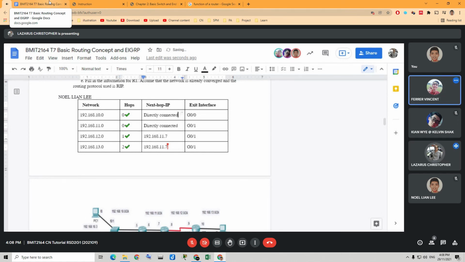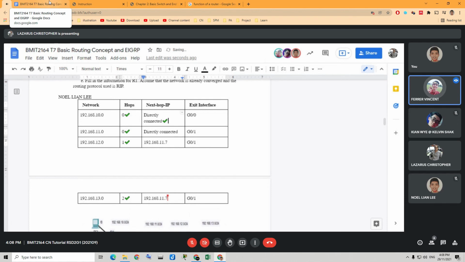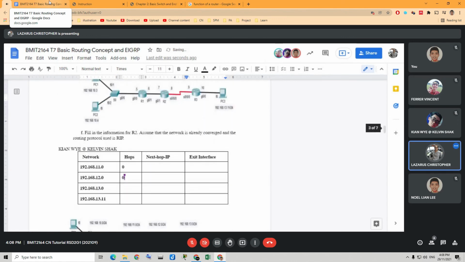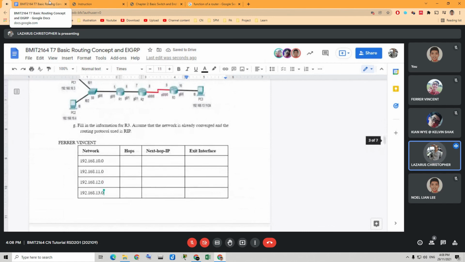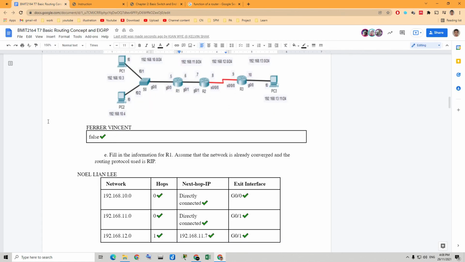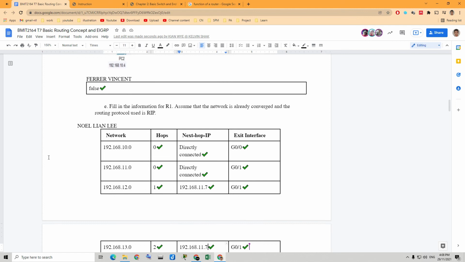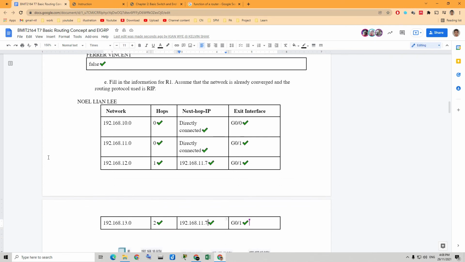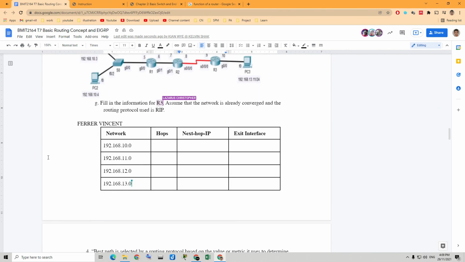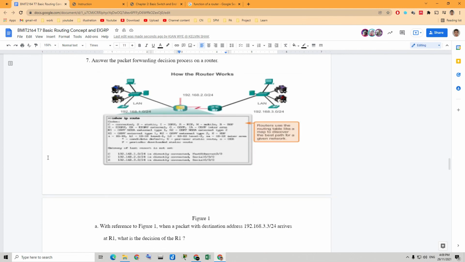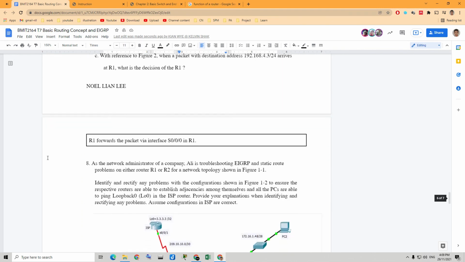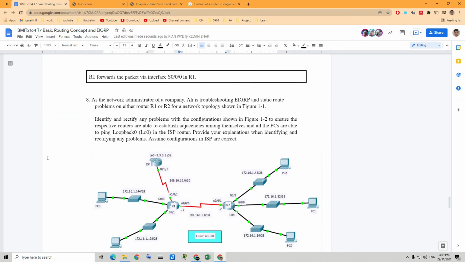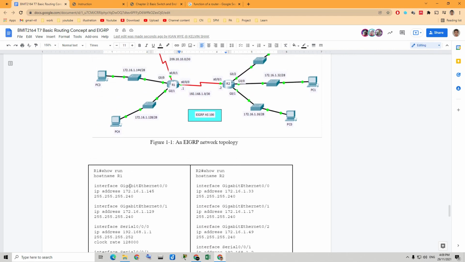I'm not sure how the hops work. Hops means how many hops away; think of it as jumping.